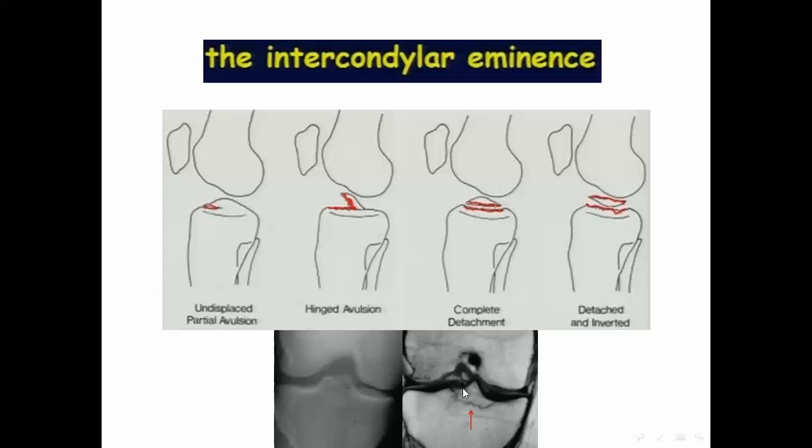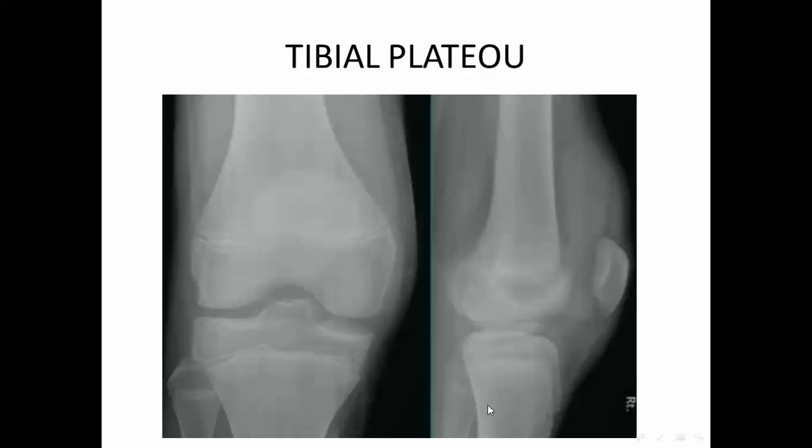Here is the undisplaced one, and here is another one showing a separate fragment from the tibial plateau, and here is the fracture line.